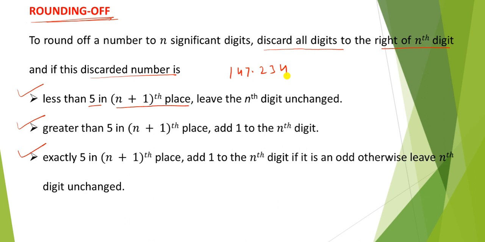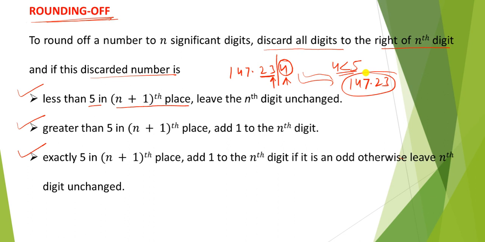Here 3 is at the nth place and 4 is at the n plus 1th place. Since 4 is less than 5, the nth digit is left unchanged. So the rounded number is 147.23. This is the first point.